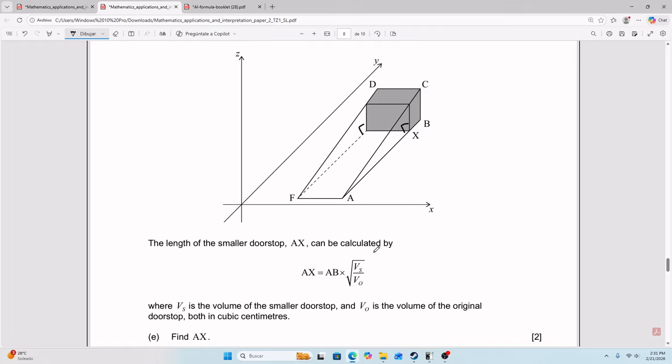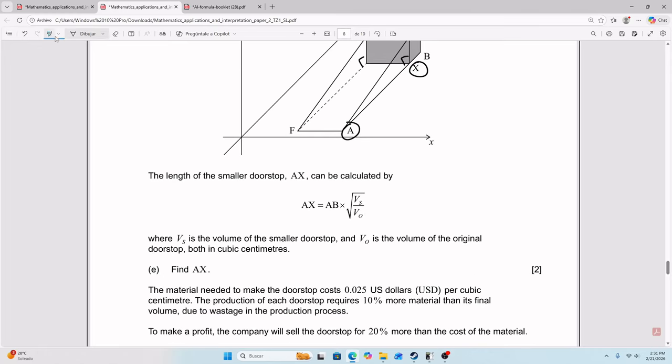For the length of the doorstop, AX, they tell us that it can be calculated by AX equals AB times the square root of VS divided by V0. And they tell us that VS is the volume of the smaller doorstop, while V0 is the volume of the original. And through all of this, you need to find AX.